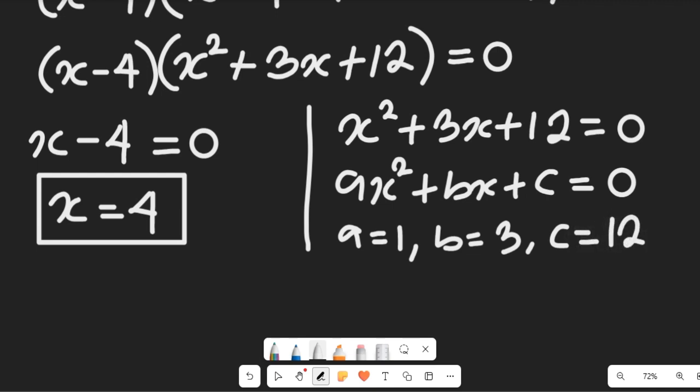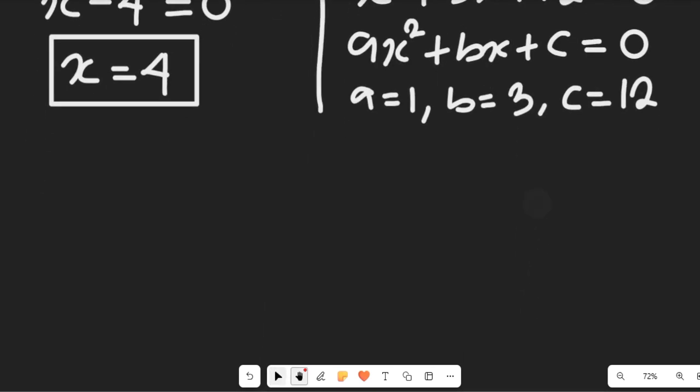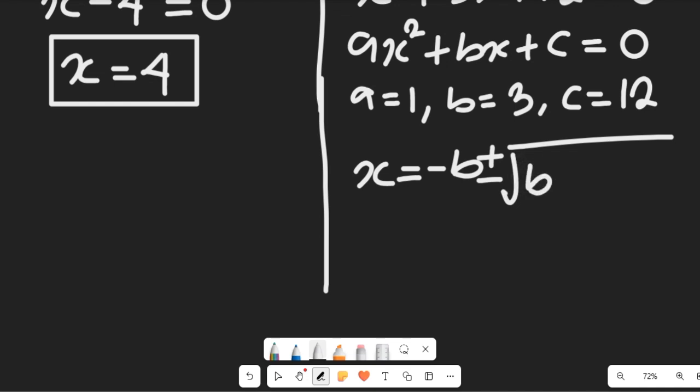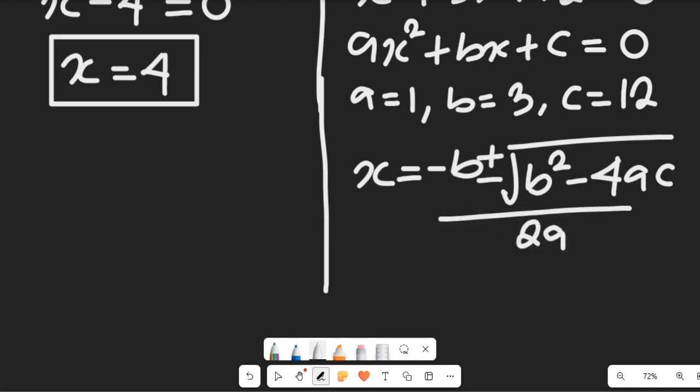Now, using the quadratic formula, we can find the other values of x. So x is equal to minus b plus or minus the square root of b squared minus 4ac, divided by 2a.